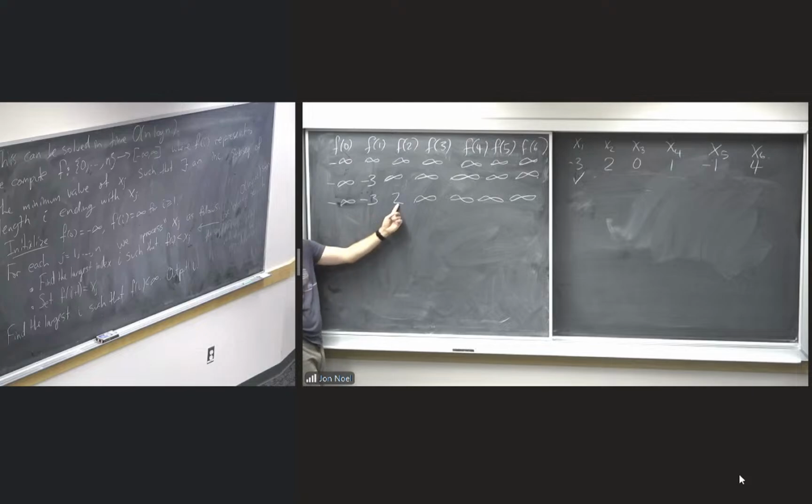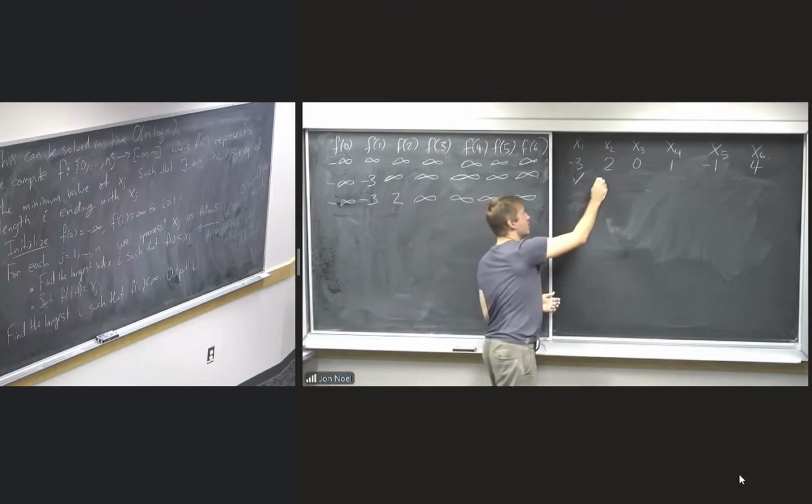And what this means is that so far, if I scan this from left to right and ask what's the last finite number I see, it's this. And this tells me that I've got a subsequence of length 2, negative 3 and then 2. That's increasing, right? So now I've processed this one.